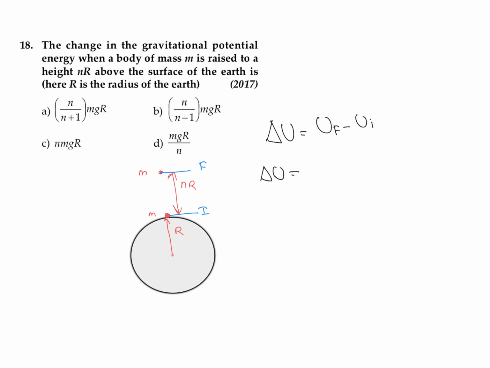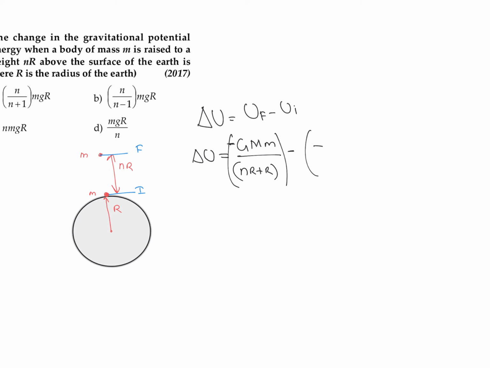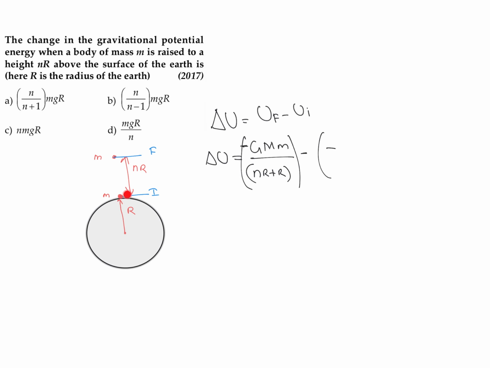So change in potential energy is equal to the final potential energy, which is minus GMm divided by the distance from the center to the final point, that is nR plus R, minus the initial potential energy. The potential energy on the surface is not equal to 0. We need to write the actual gravitational potential energy, which is minus GMm divided by R.